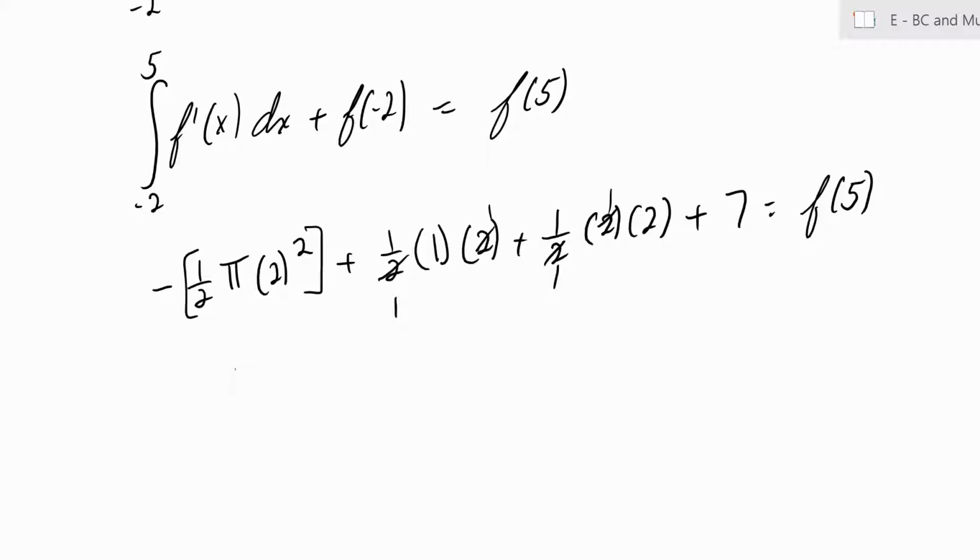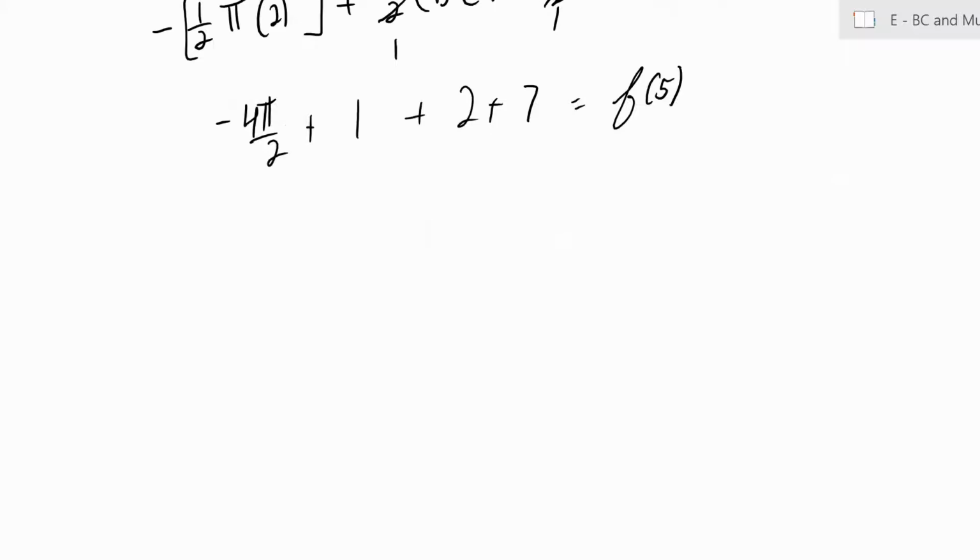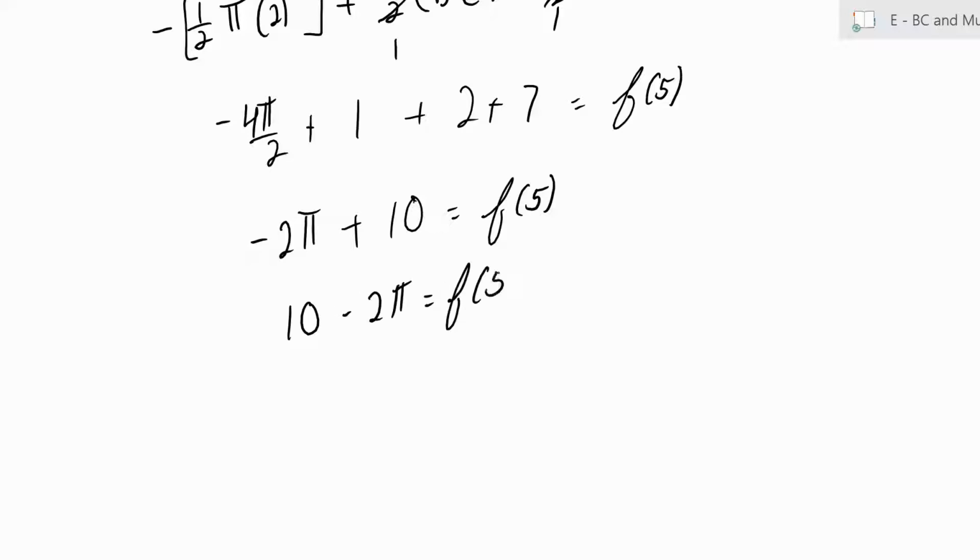So we are left with negative 4 pi over 2 plus 1 plus 2 plus 7 equals f of 5. So we get negative 2 pi plus 10 equals f of 5. Or if you want to write it as 10 minus 2 pi equals f of 5, that is also fine. And that's part A.